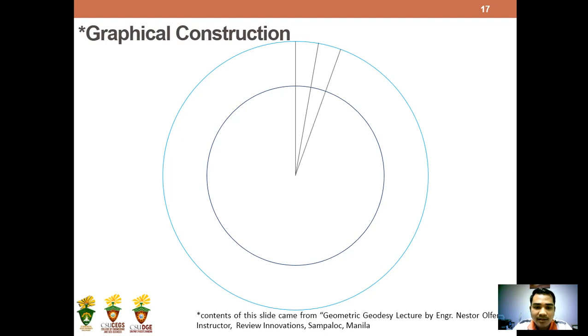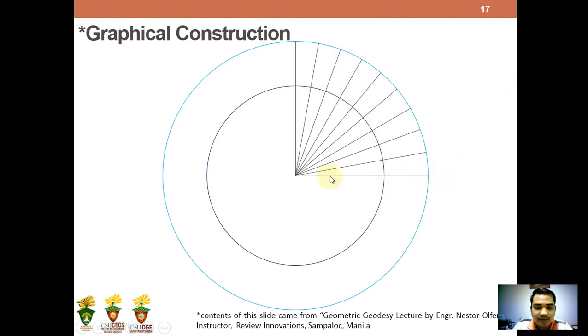Then you partition it, and the angles should all be the same. For example, on the x-axis. Then you need to create a perpendicular line from where the line you made intersects the inner circle.